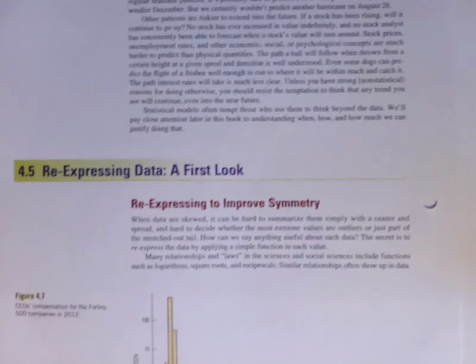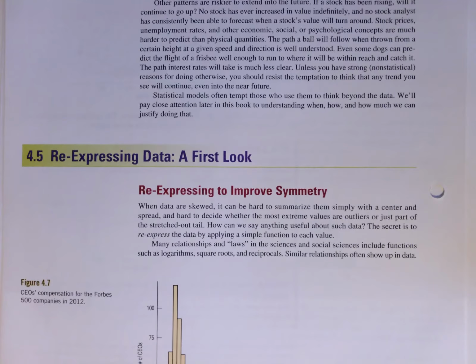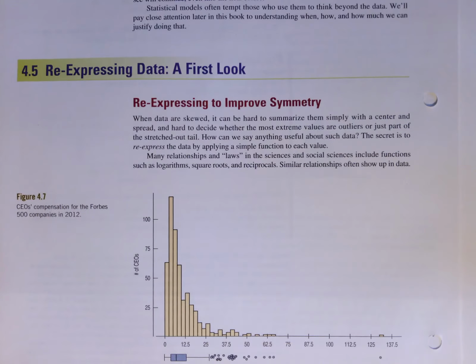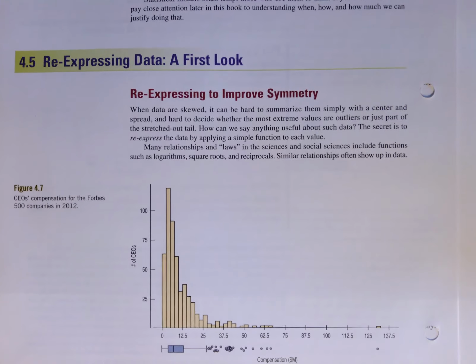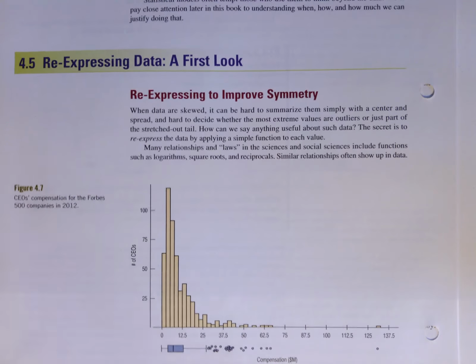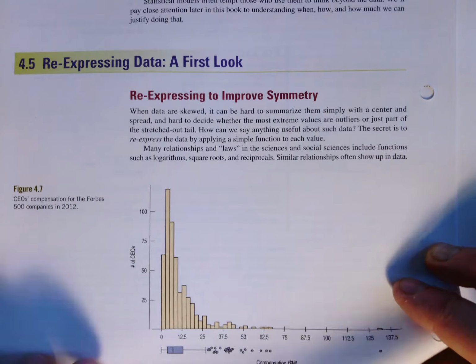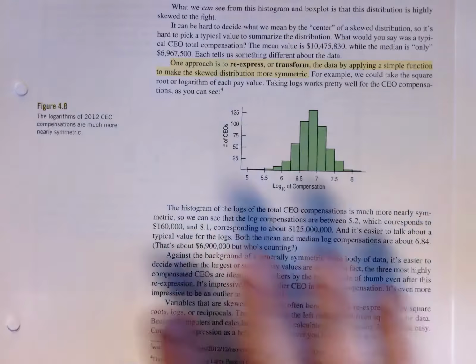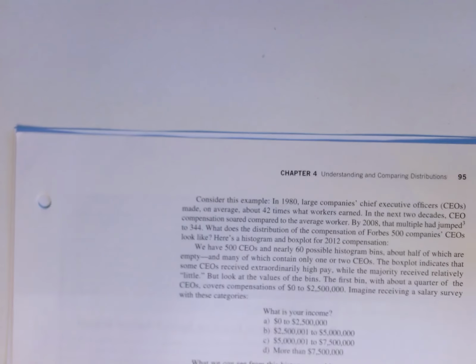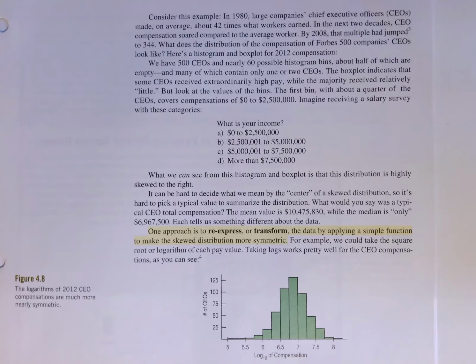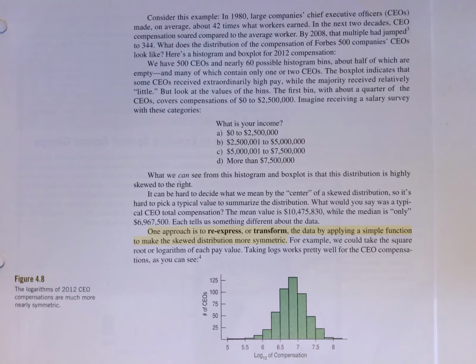Re-expressing data is a way of transforming it to provide more symmetry. Typically we'll do this for distributions that have a long right tail, that are really skewed to the right, like CEO salaries, as we see here in exercise section 4.5. By doing that, we get something on the log scale that looks a lot more normal, something we'll hear about pretty soon.